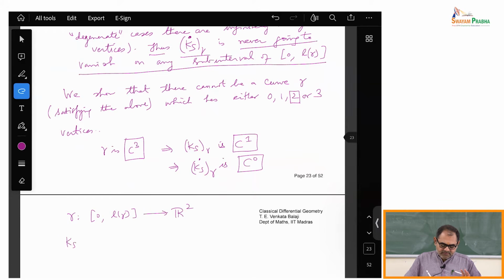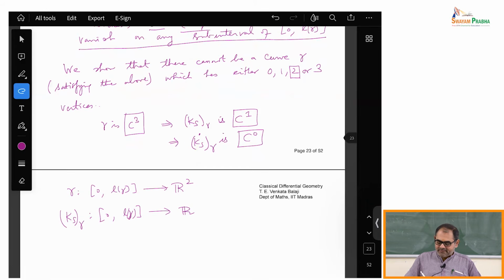If you take the sine curvature of gamma, that is going to be from 0 to L gamma into R. The sine curvature is a real number with the sign, and it is continuous. In fact, it's actually C1.